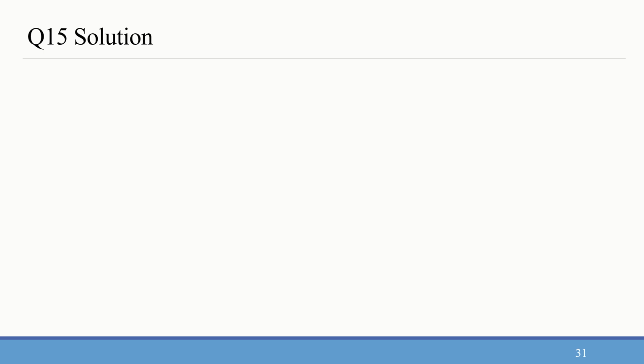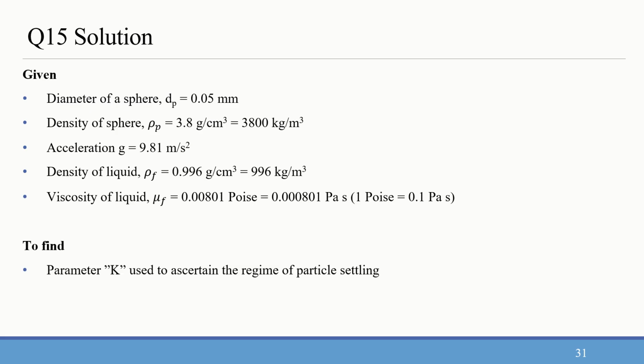And also the parameter K is again used to identify the regime of flow, so don't do that either, it may not match. It is used to ascertain the regime of particle settling. It may not match because it is not a fully physics-based problem. Because of number tweaking, some physics may be going wrong. So that is my request to you people.